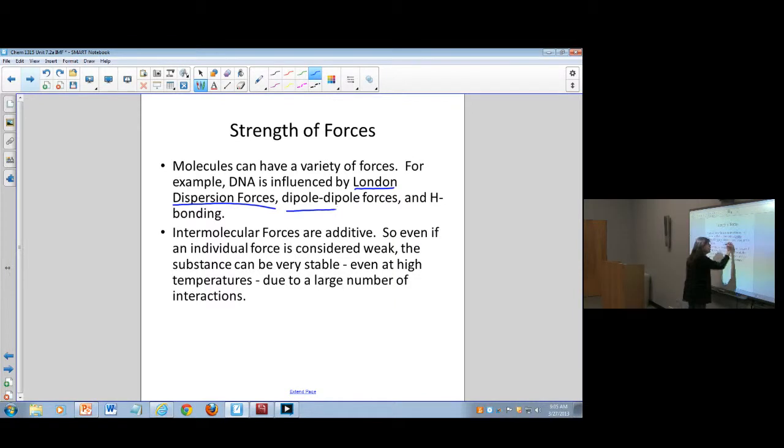So they can have dipole-dipole, this special dipole kind of force called hydrogen bonding, and induced dipole. All of those forces together add up and make things very strong. So intermolecular forces are additive.